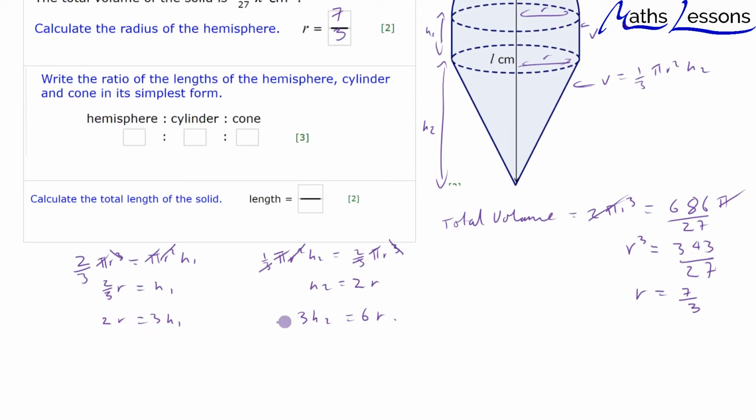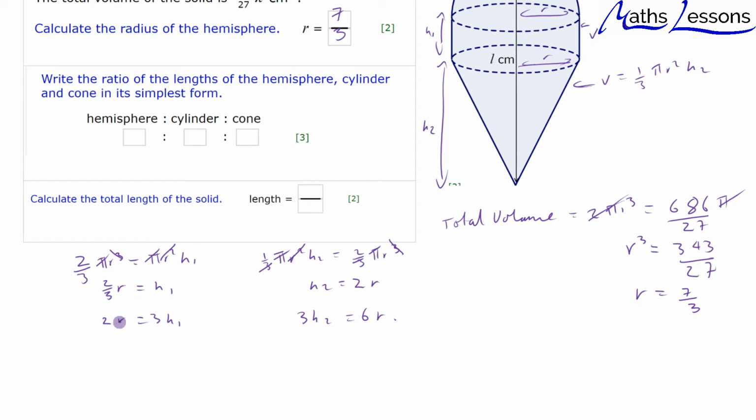I want to get the smallest one. So h1 is 2/3 of r, that's the smallest, and h2 is the biggest because it's 2r. So I want to make h1 my smallest, and how are we going to do that? Let's just times that by, let's try 2/3.